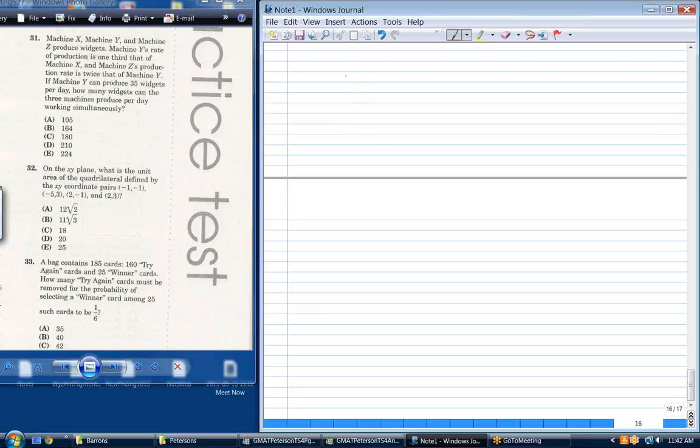Okay, you have machine X, and machine Y, and machine Z. Machine Y will do 35 widgets per day. Yeah, but it works 1/3. It works 1/3 of what X and Z can do.